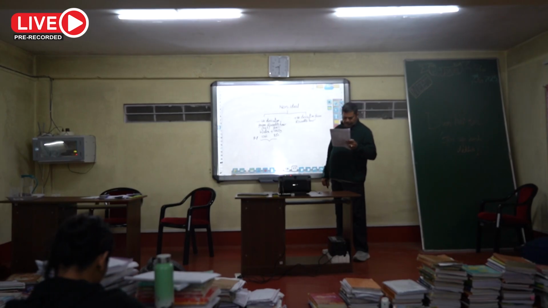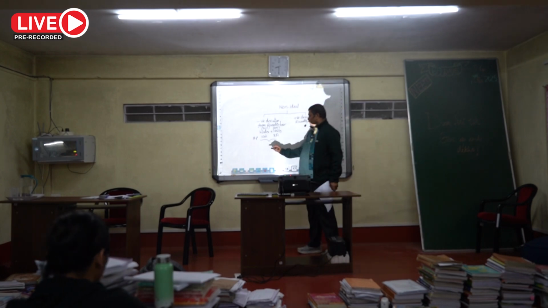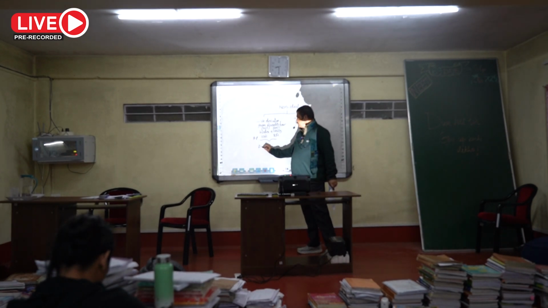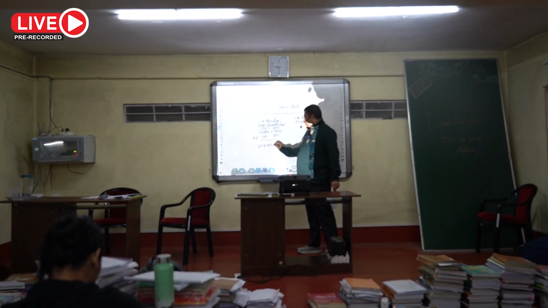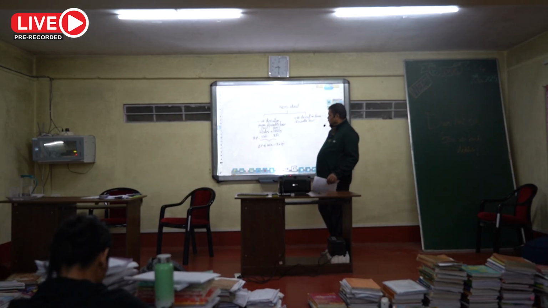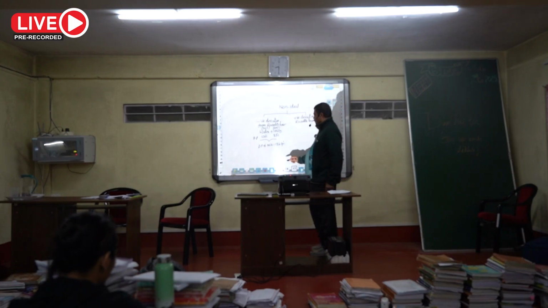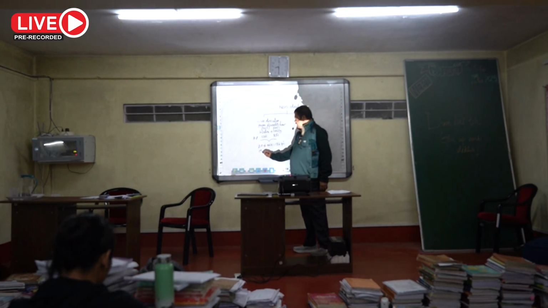Then the boiling point of the mixture is 126.4. So this is called a maximum boiling azeotrope.